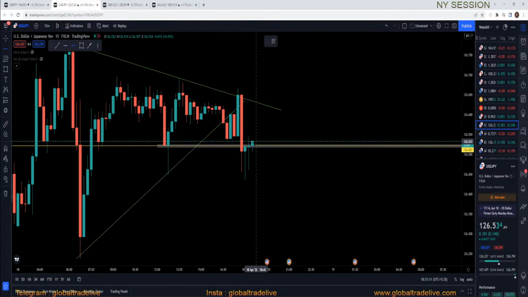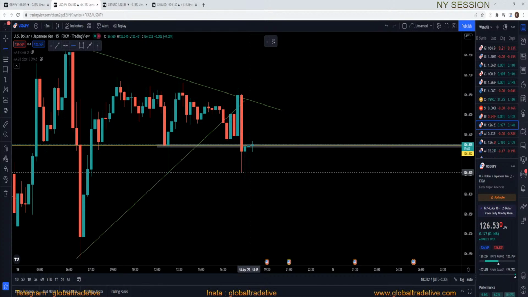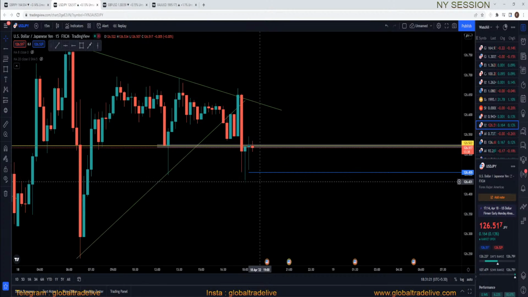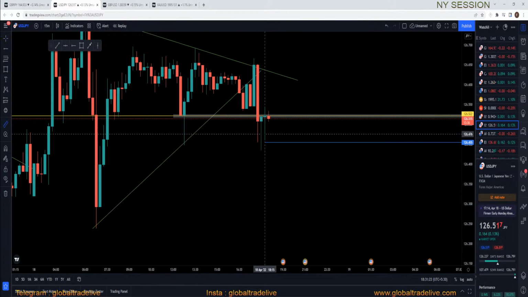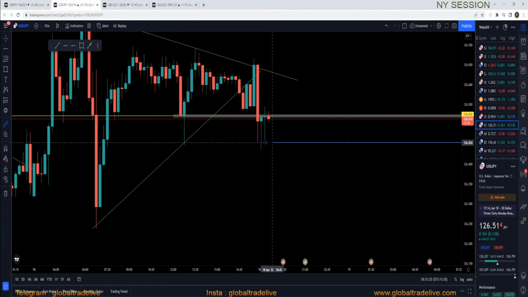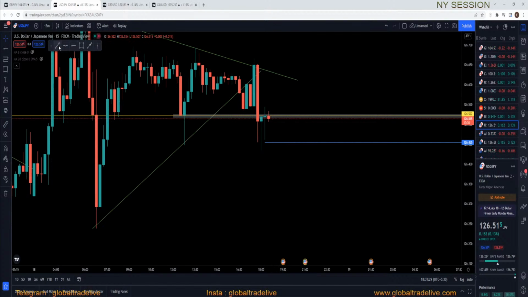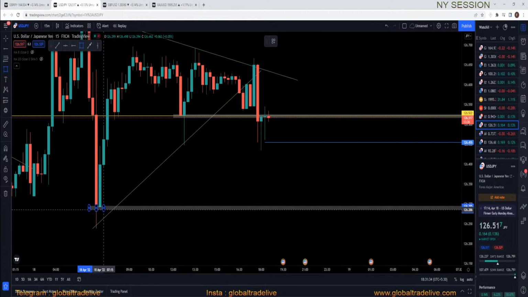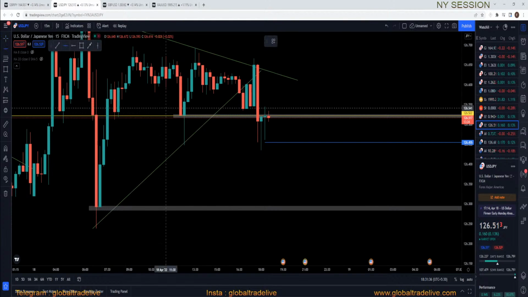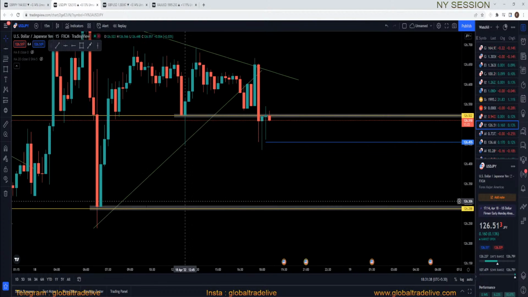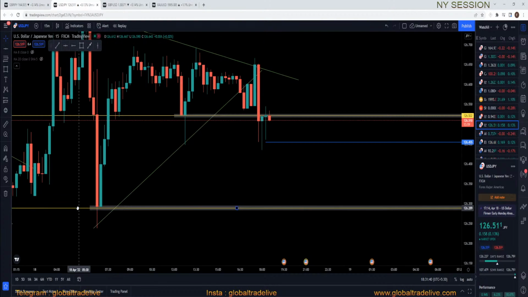So what I'm thinking is, if the current 15-minute candle respects the high of the previous one and breaks the low of the previous one, that will be the point I'm gonna take a sell trade, because at that point I'm gonna anticipate that the market's gonna move down in this area. So let's see if that happens or not.